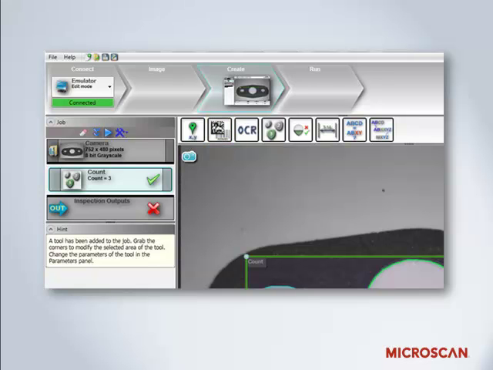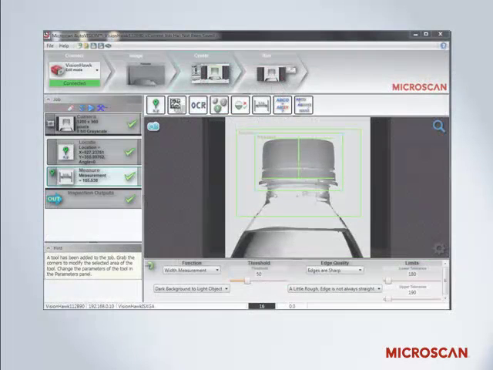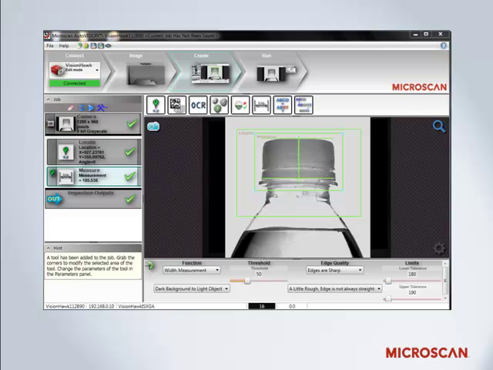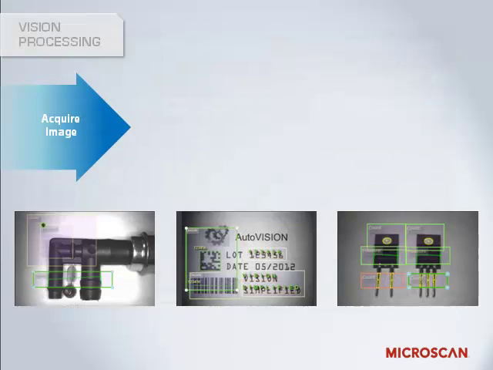A typical example of this is an inspection application that uses a locate tool to locate a cap on a bottle. The measure tool then measures its height to ensure that it's properly seated on the bottle. Vision processing consists of several steps, or algorithms, performed by the software. First, the image is acquired from the sensor.